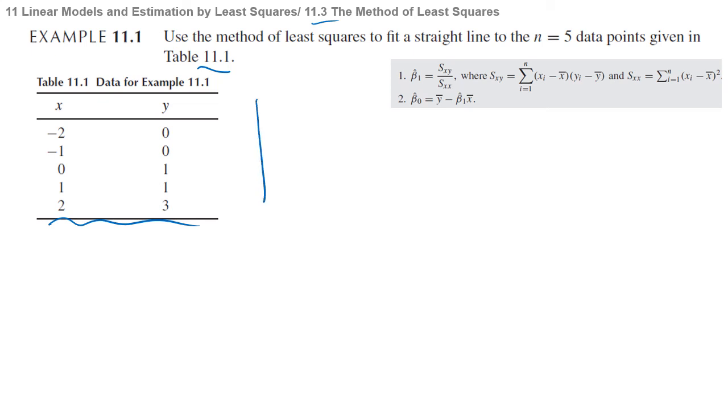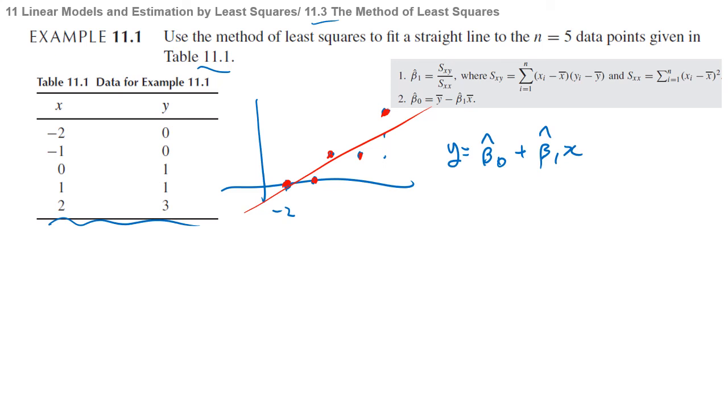If you draw your result, if this is -2, then your y is 0, and so on. So you have these 5 points, and you'd like to fit a linear regression line on them, and that would be y equals beta 0 hat plus beta 1 hat times x.